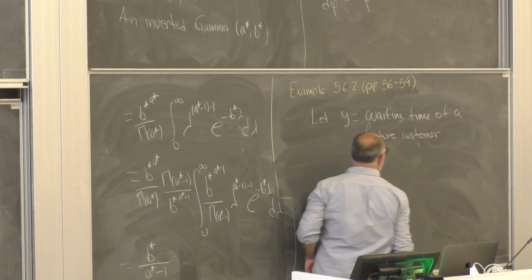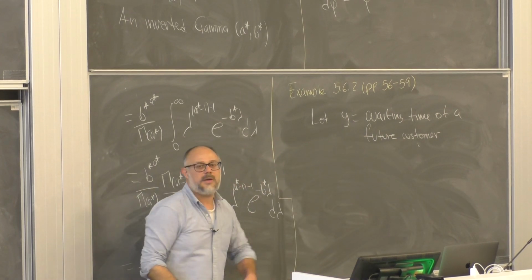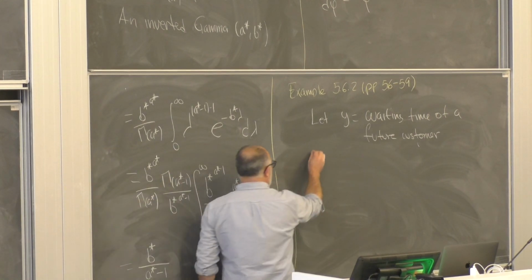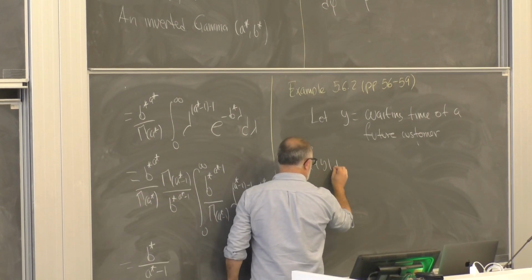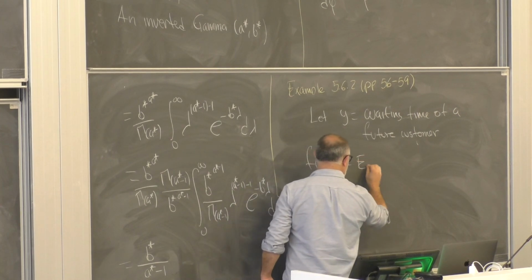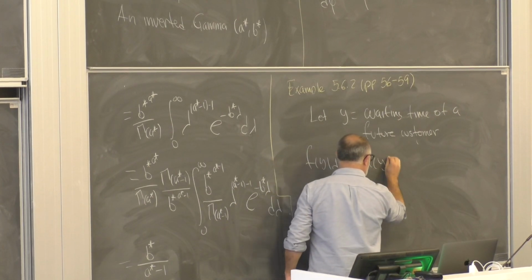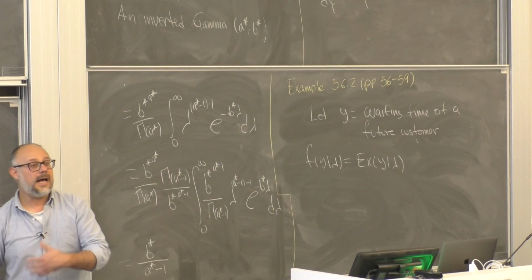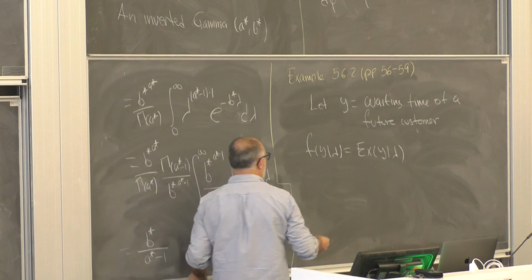So we're interested in the waiting time of a future customer. It's the same process, so that means that the distribution of that waiting time is the same distribution as those that we observed.